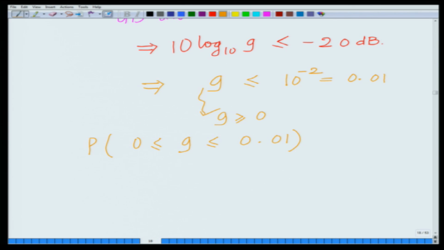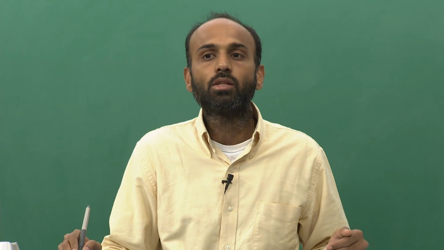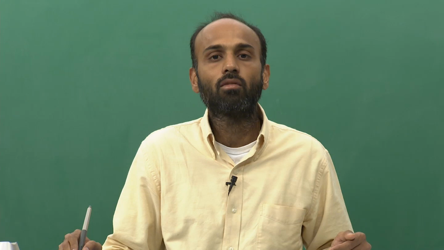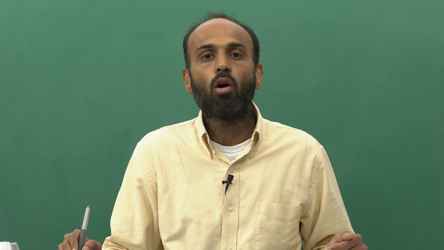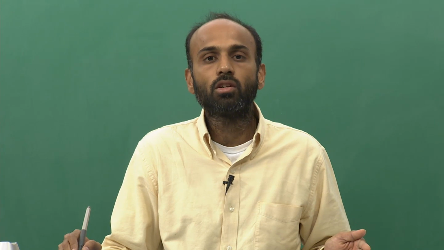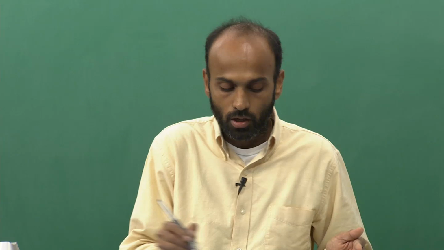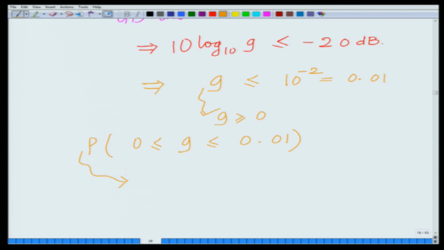So, the probability that the attenuation is worse than 20 dB is the probability that the power gain of the wireless channel G lies in the interval 0 to 0.01.